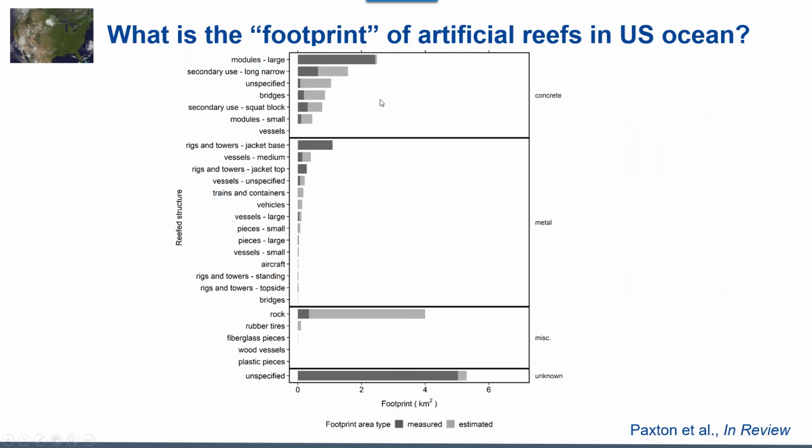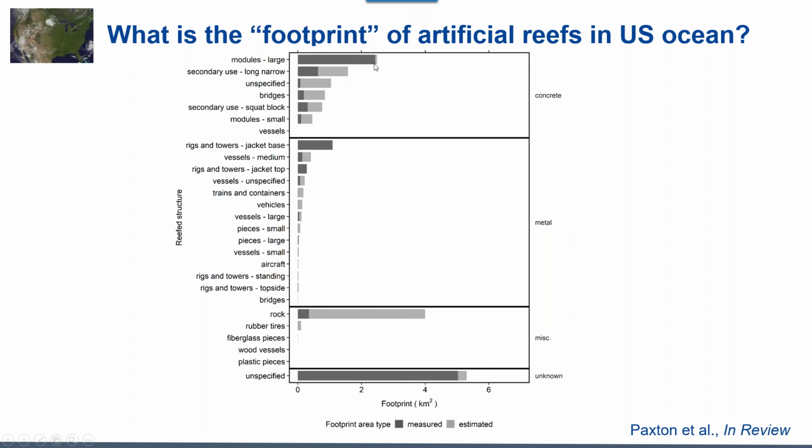We've bounced around a little bit in terms of talking about what types of structures are on the seafloor in the US, and I now want to drive home that there is a large variety of structures. Here I'm showing you footprint again on the x-axis and the type of structures on the y-axis. The structures are grouped by material: concrete, metal, miscellaneous materials, and unknown.